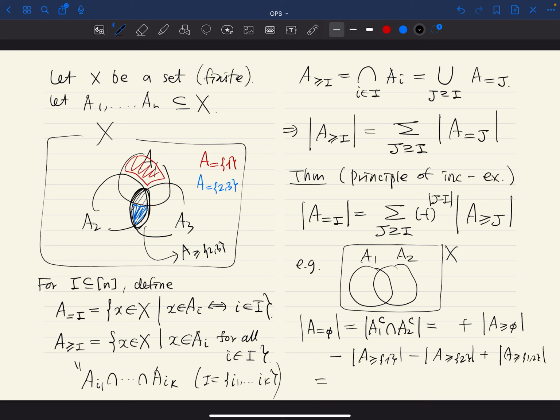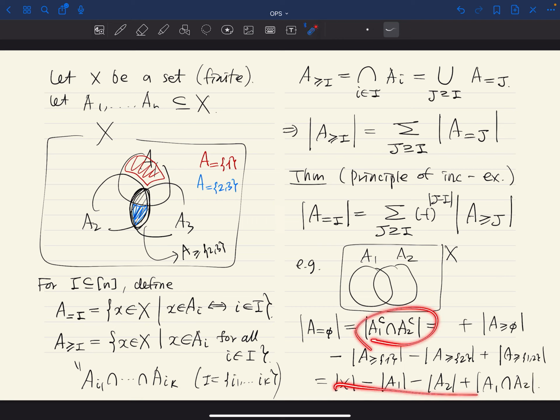But what is the empty set term? This means there's no restriction, so it's the whole thing. It's X minus A1 minus A2 plus A1 intersect A2. So you see, this is exactly the principle of inclusion exclusion in the form that you have seen before. So this is a general version of this form.